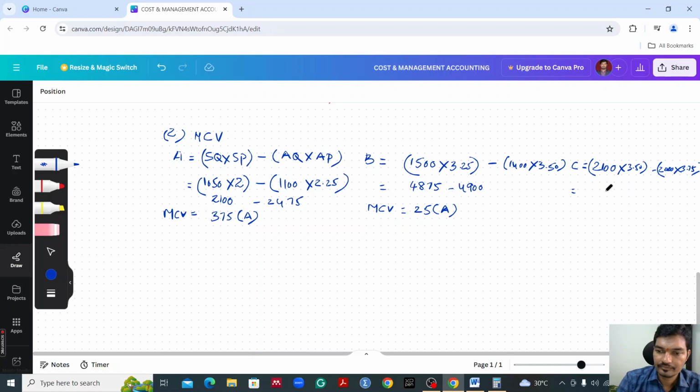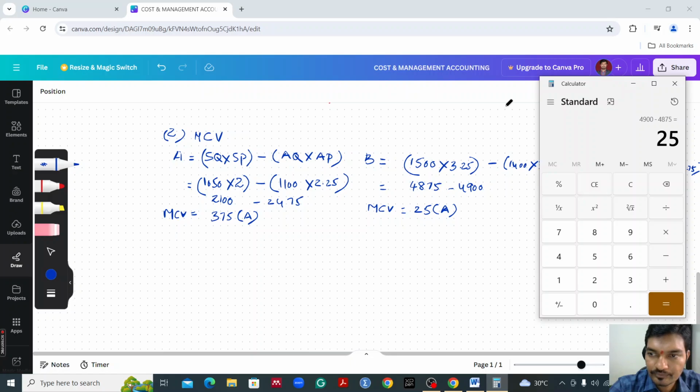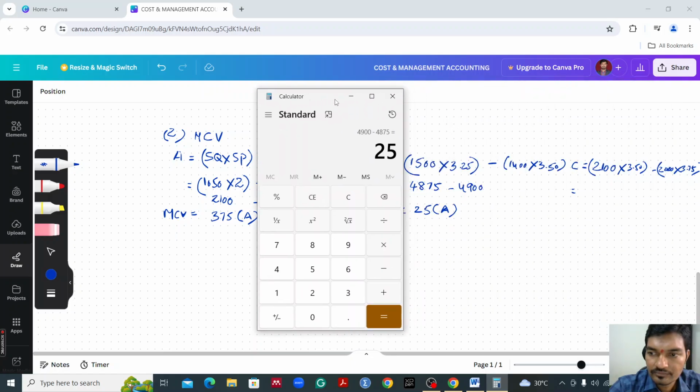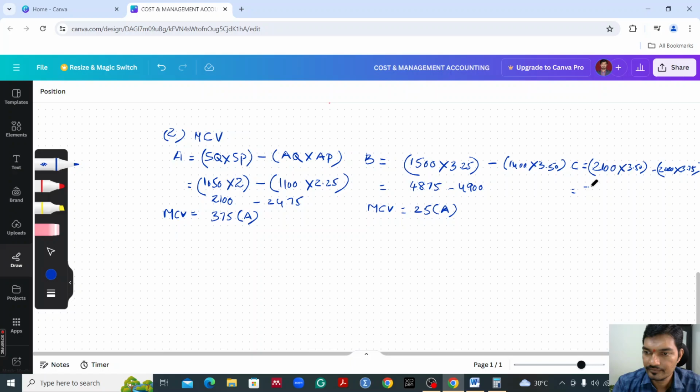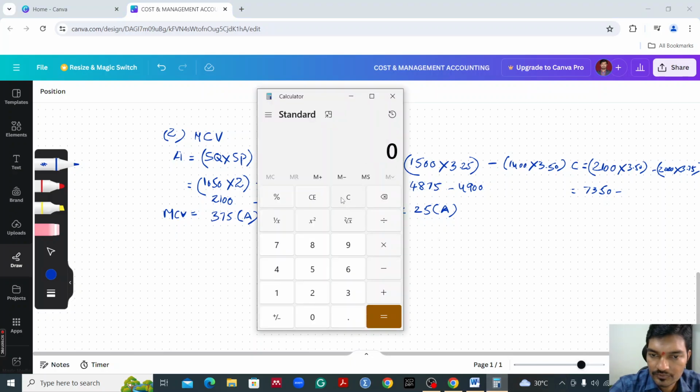Then using the calculator here again, 2100 is multiplied with 3.5, 7350, minus 2000 into 3.75, 7500.